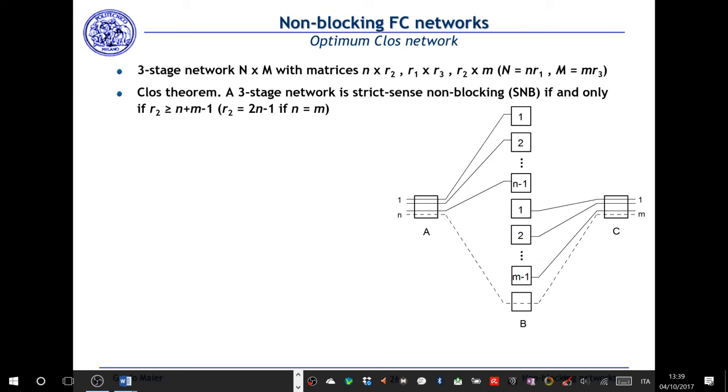You will have other connections, but this matrix is connected to this specific matrix in the first stage by just one link. So once this link is taken, you cannot set up other connections. So the picture is complete. You count matrices, but actually you always have to think that the limiting factors are the links between the first and the second stage.